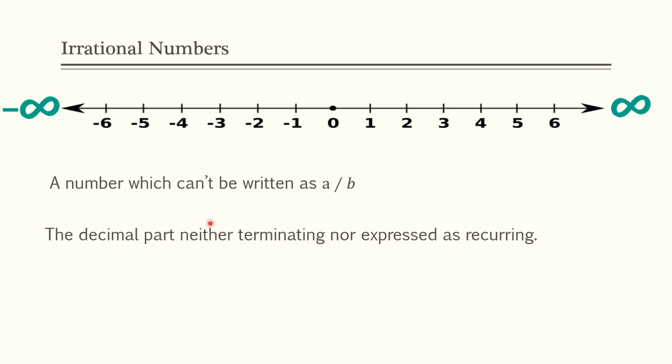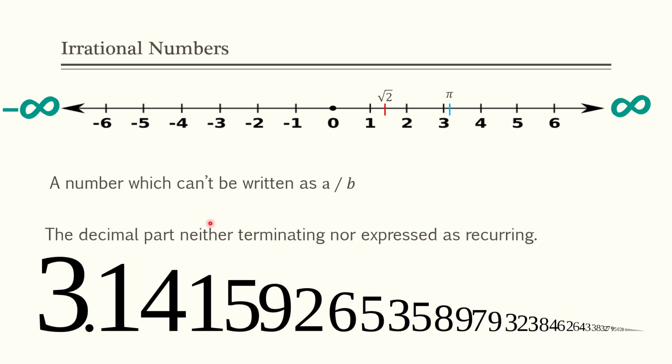For example, a couple of examples of irrational numbers are root 2, or the famous example, pi. If you see the actual value of pi, it could be something like 3.14159265358979. It goes on, it never terminates, and there is no pattern.